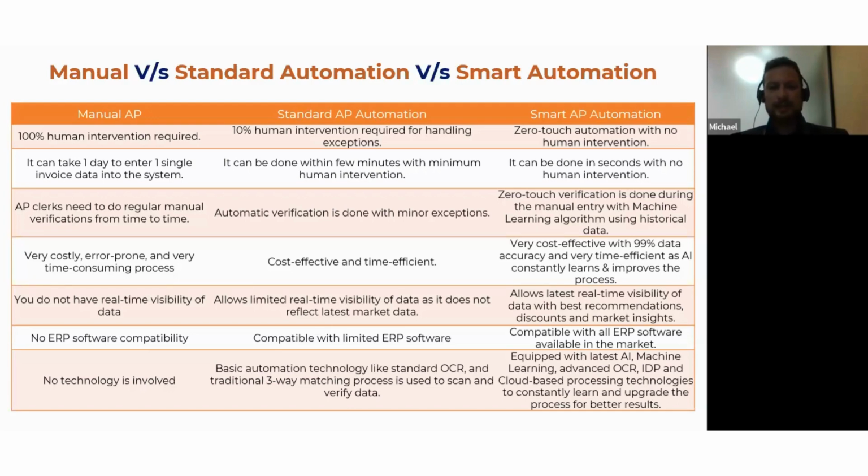And your data accuracy, of course, is not as accurate as a manual. It's a gray line. But with smart AP automation, you get 99.98% data accuracy, and with that accuracy, you get a very time efficient system that's constantly learning. It's constantly improving the process.